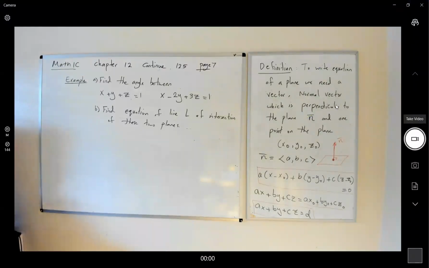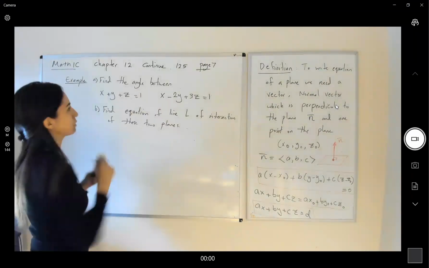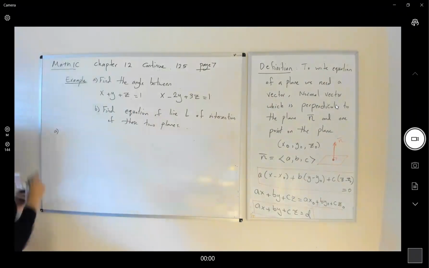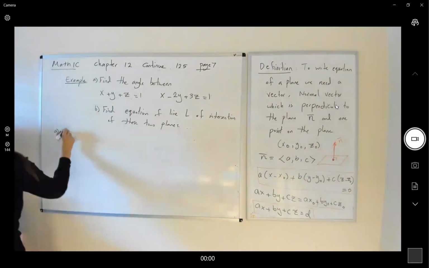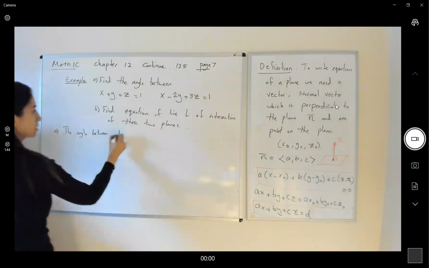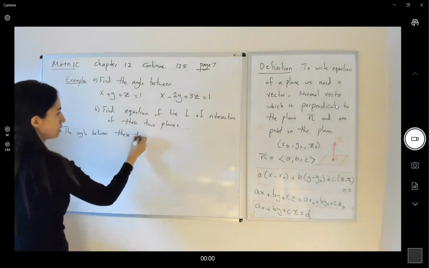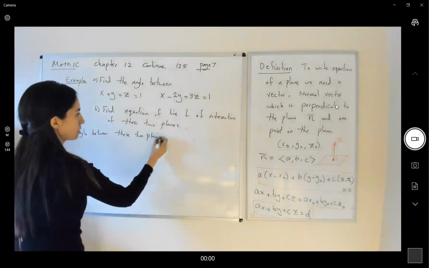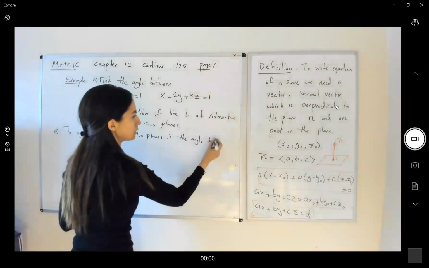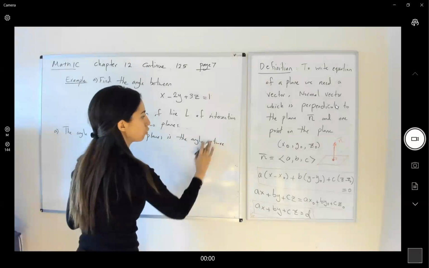Okay, first of all, let us find the angle between two planes. So for part A, the angle between these two planes is the angle between the normal vectors.